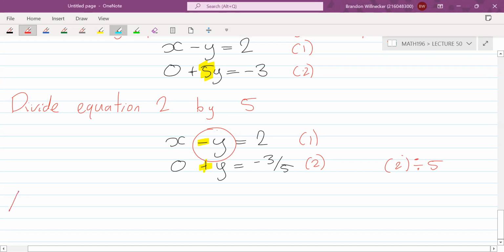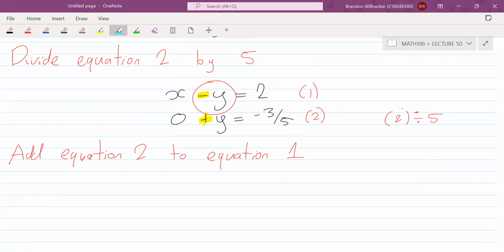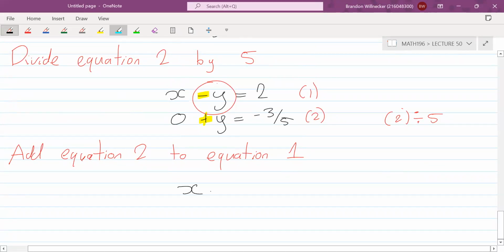Okay, so let's add the two equations. So we're going to add equation 2 to equation 1. Okay, so let's do that. So x plus 0, that's just going to be x. Minus y plus y, that's going to be 0.